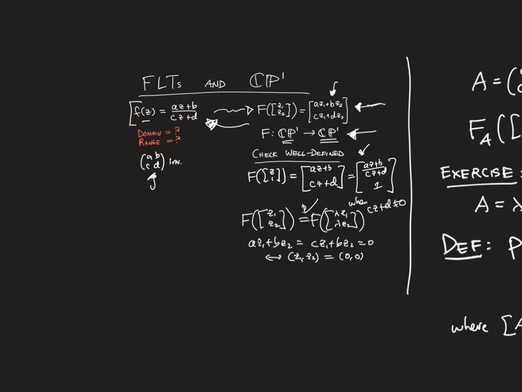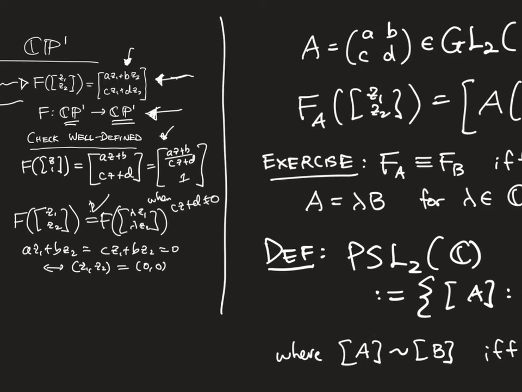One nice thing we get out of this approach is that we can describe all FLTs using matrices and an equivalence relation on matrices similar to how we define CP1.